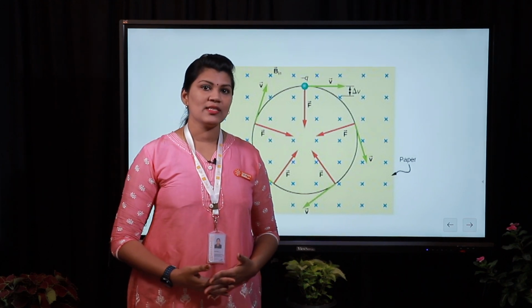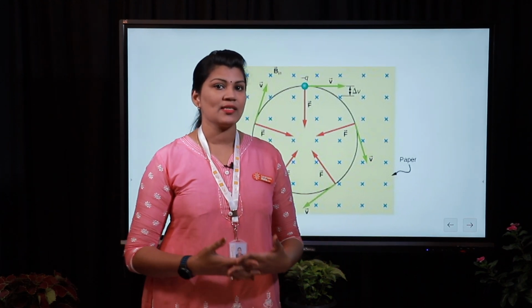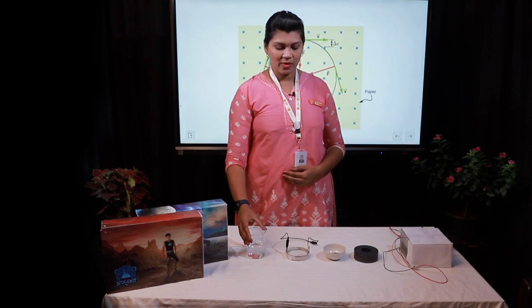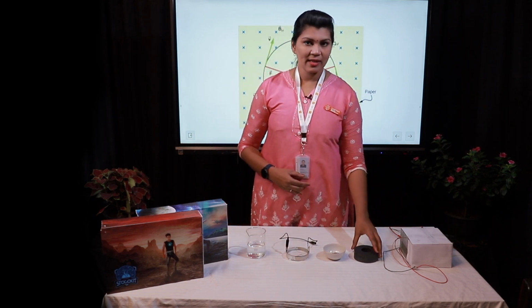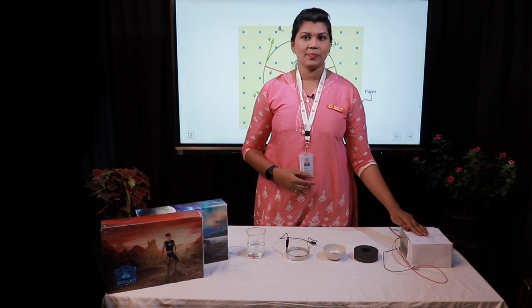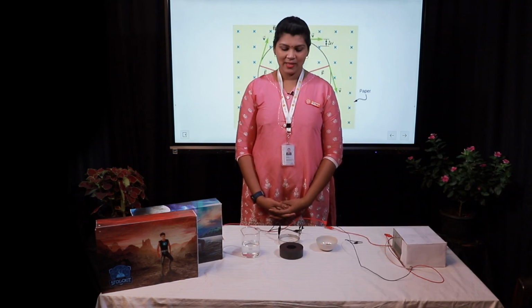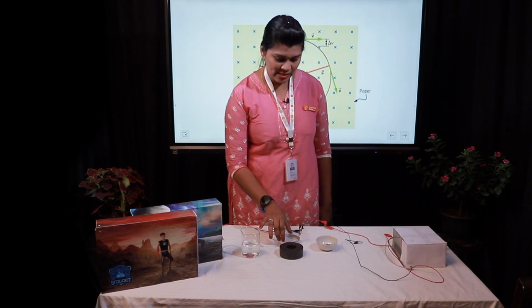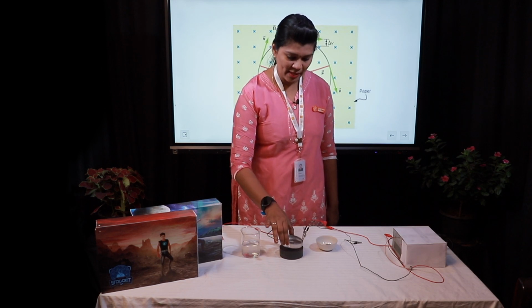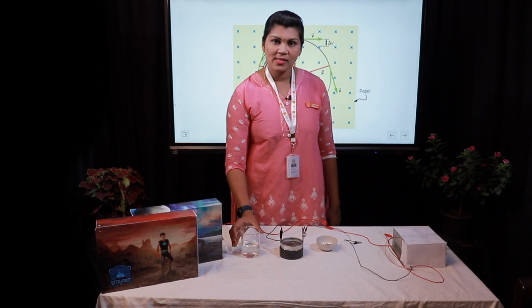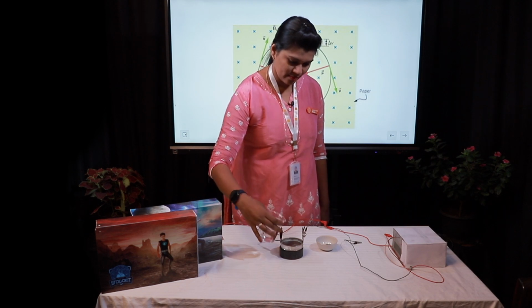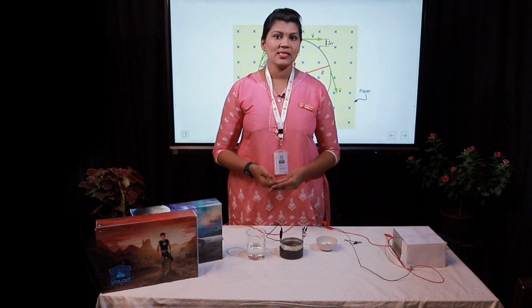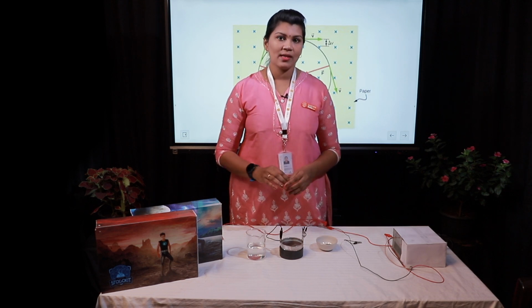Let's do some activities to demonstrate what we have discussed now. For doing this experiment, we need some salt water, a petri dish, sesame seeds, ring magnets and a power supply. Let's do the activity. For that, we have to place this petri dish on this ring magnet and pour some salt water, and this petri dish is covered with some aluminum foil.